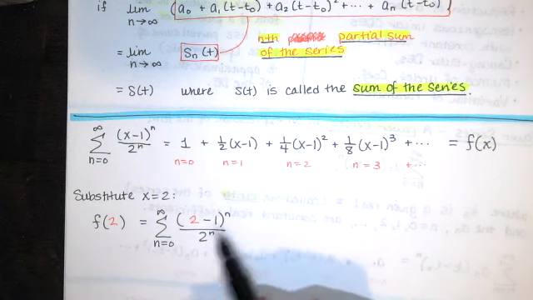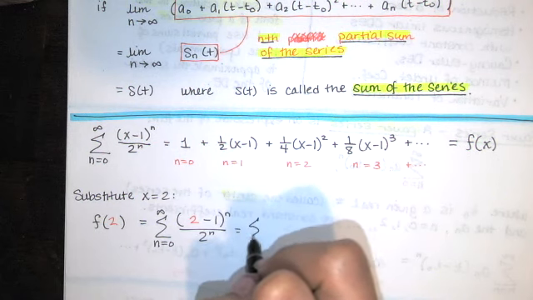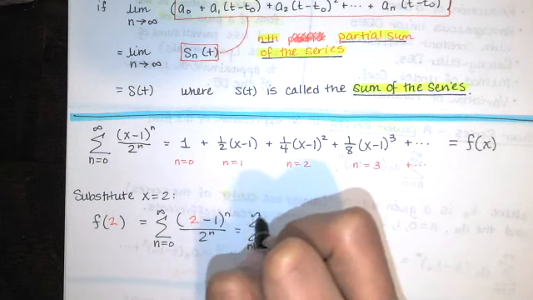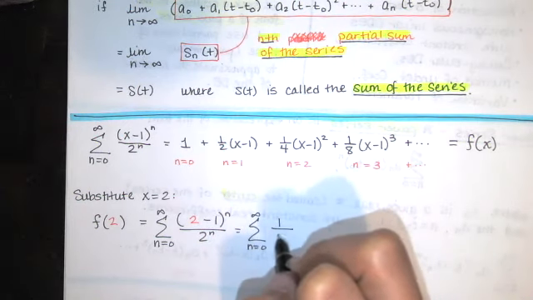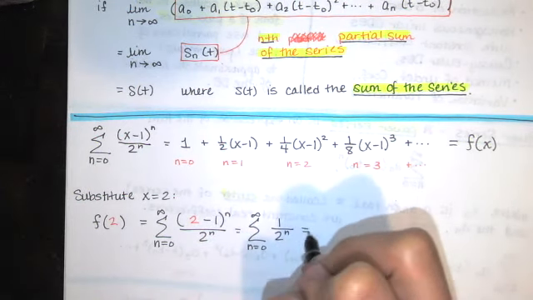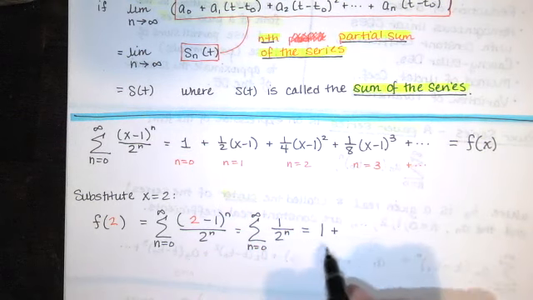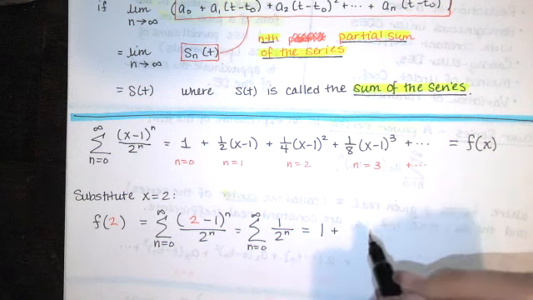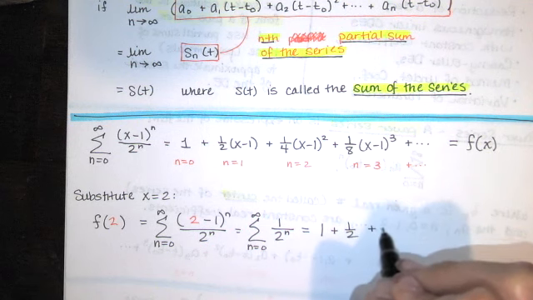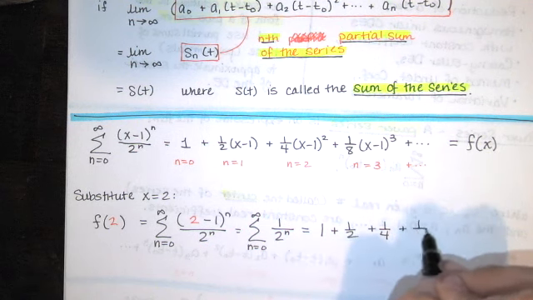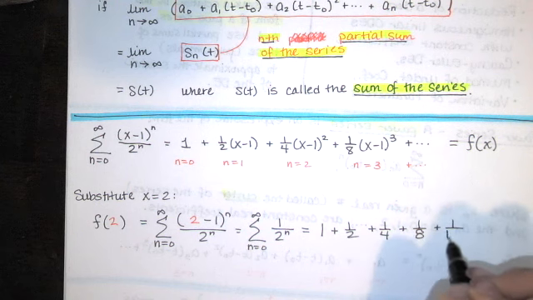Of course, that's just going to give us a 1 to the n in the numerator. 1 to any power is just going to give me a 1. So we're going to have 1 plus, when n equals 0, we get 1. When n equals 1, we get 1/2. Then we'll have 1/4, then 1/8, then 1/16, and we'll keep going.